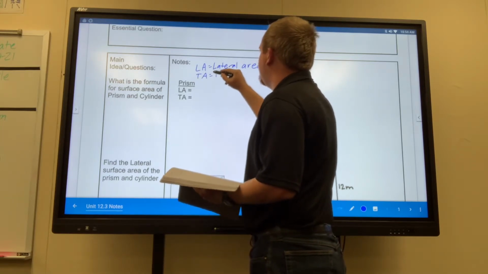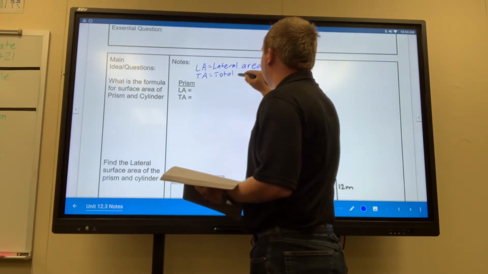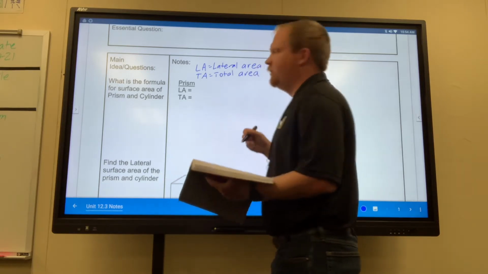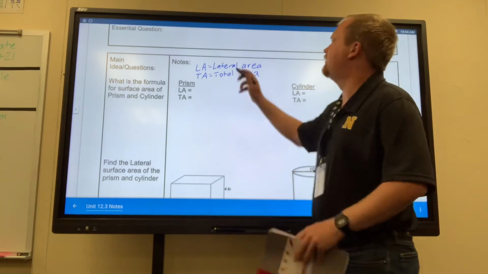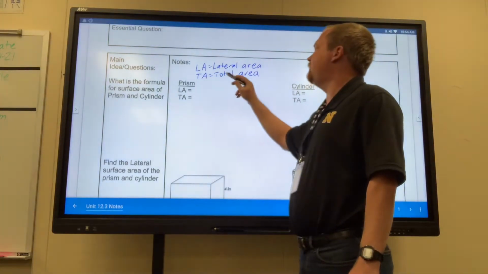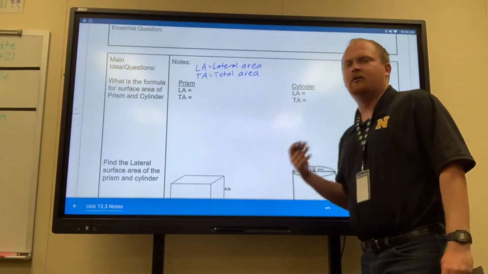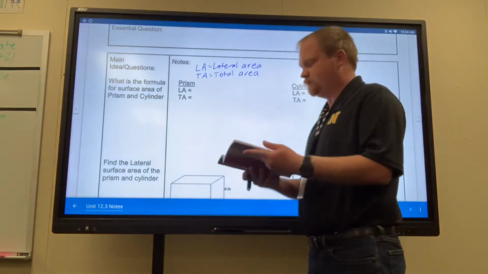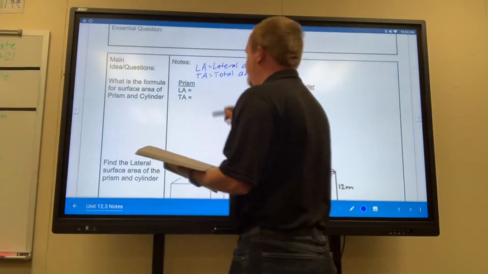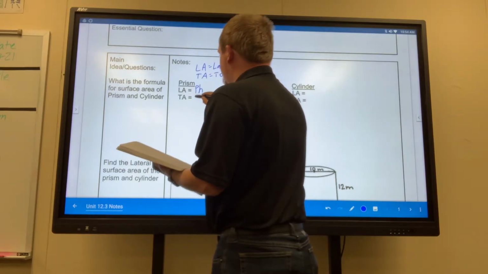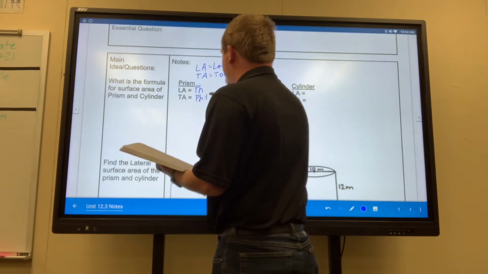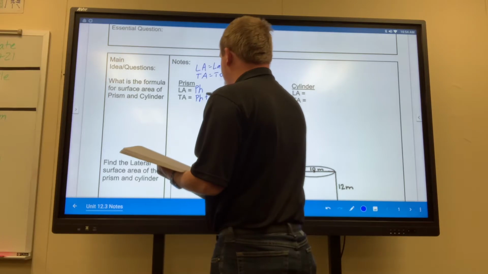Total TA is the total surface area, which is all of it, everything. So LA means lateral area, TA means total area. If we want to know the formula for both of them, lateral surface area is PH, and total surface area is PH plus 2B.